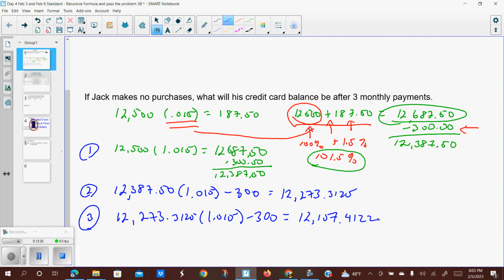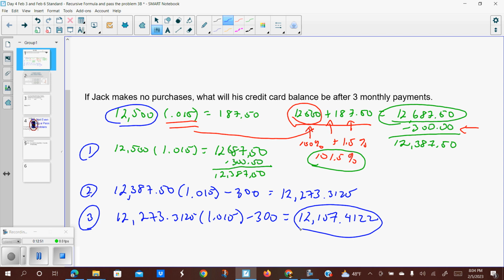That's after 3 months. So let's look at the real life application of this before we go back to do our recursive formula. The real life application, we started off with a balance of $12,500. We are now only down to $12,157.41. That's about $343.